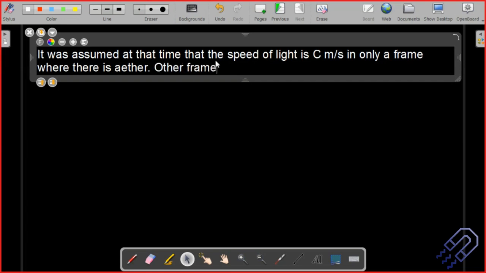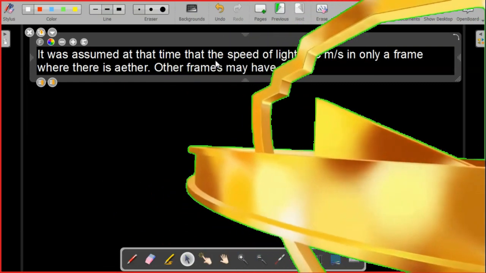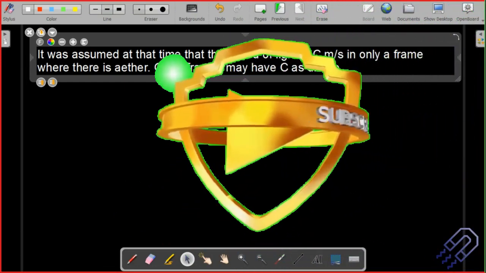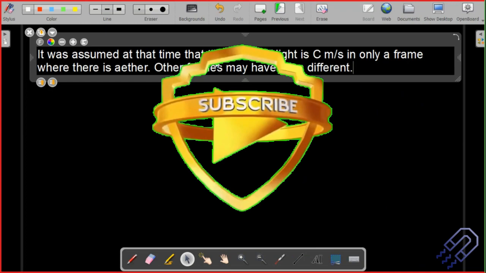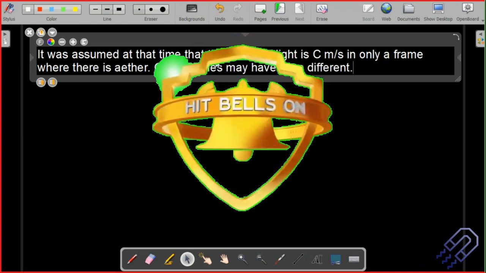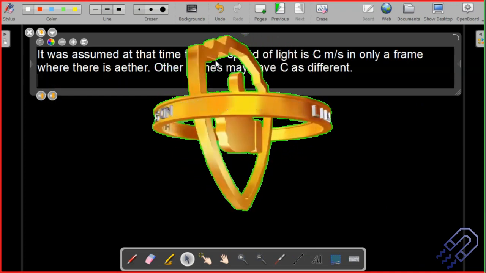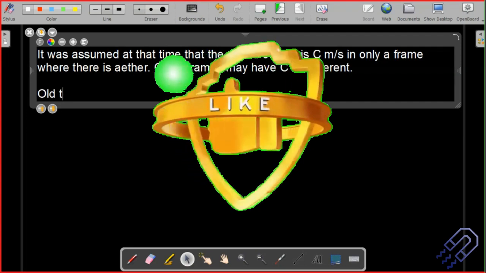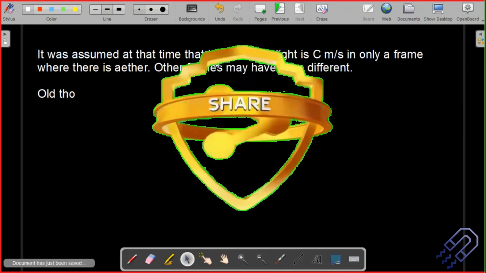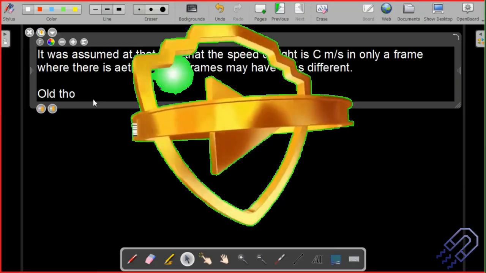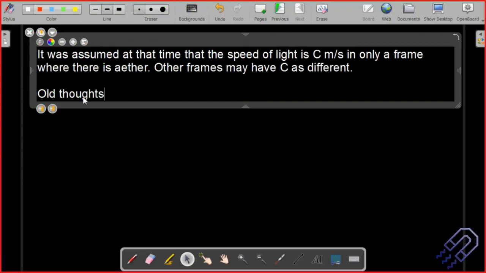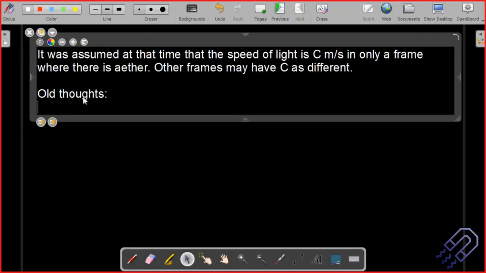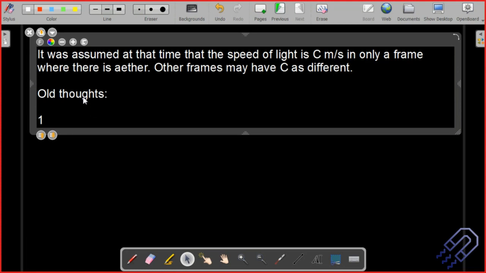Other frames may have c as different. You have to understand that this was actually an old thought. It is not something which has been assumed now. So these old thoughts, maybe I will just write down as old thoughts so that you are clear about it. Don't mix it up. It was assumed at that time, and today it may not be true, and in fact we know it's not true.